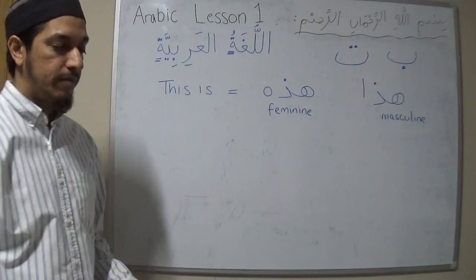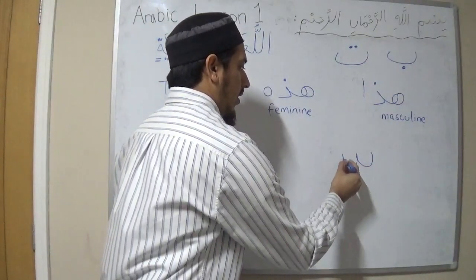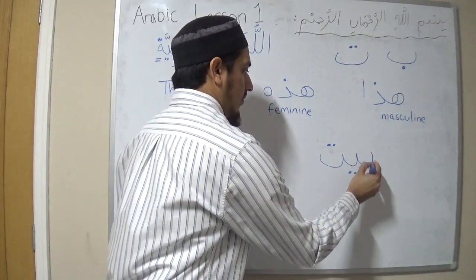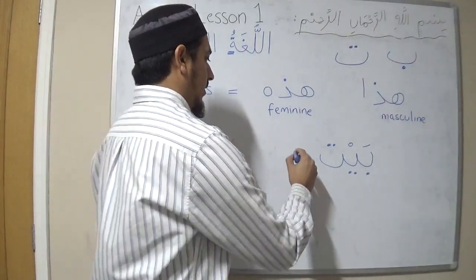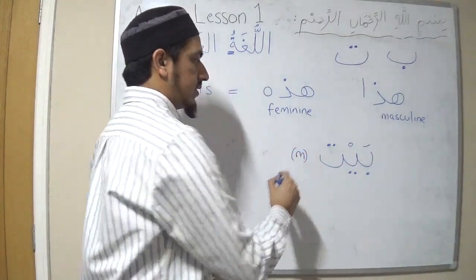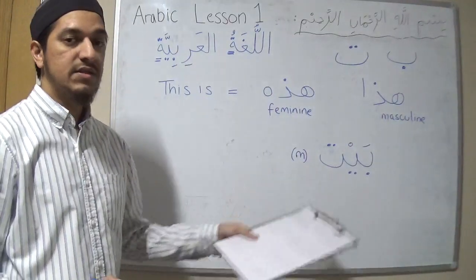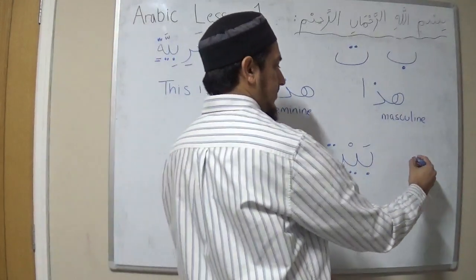So from ba we had bait, and this is a masculine word, so I'll write an M there just to say it's masculine. And if you wanted to use hada or hadihi to say this is a house, because this means a house by itself, I would say hada bait.